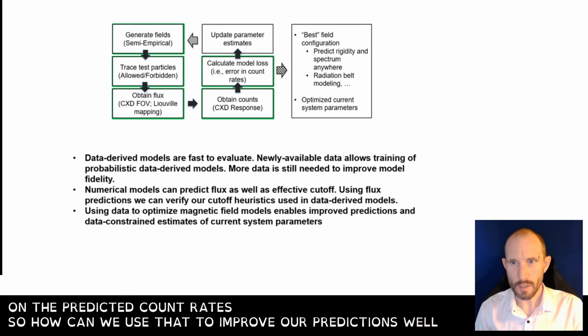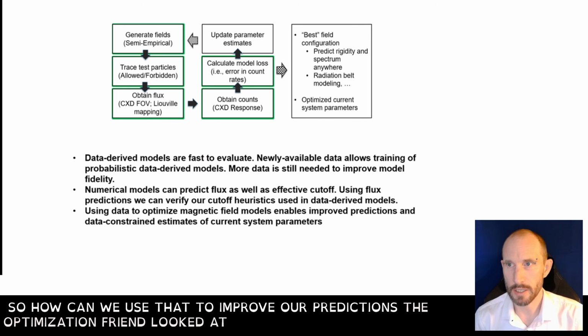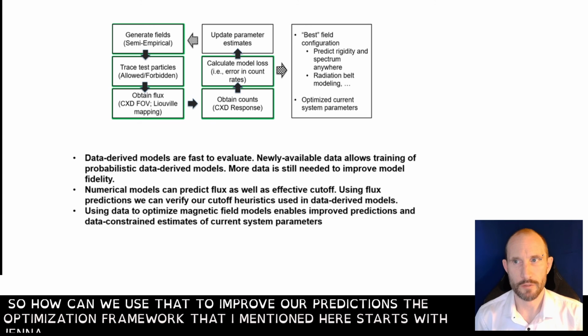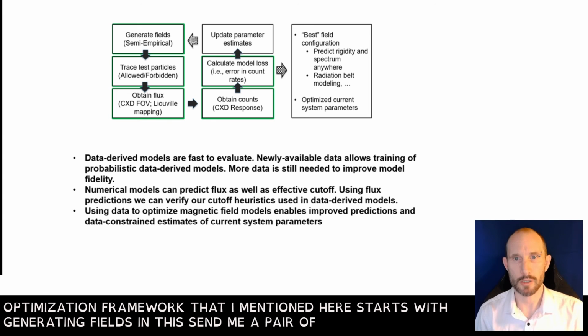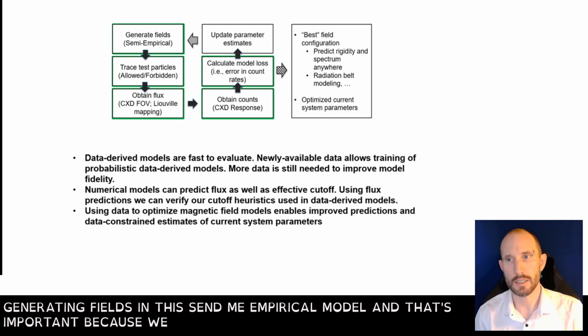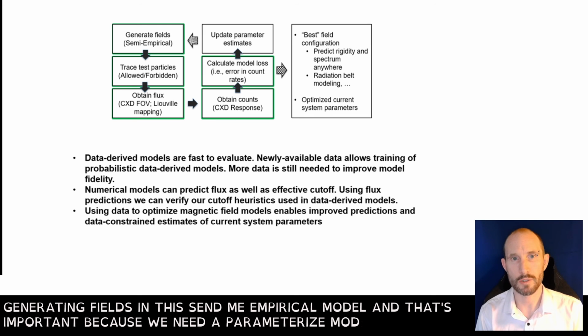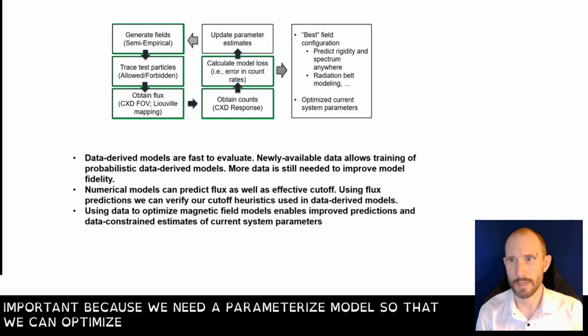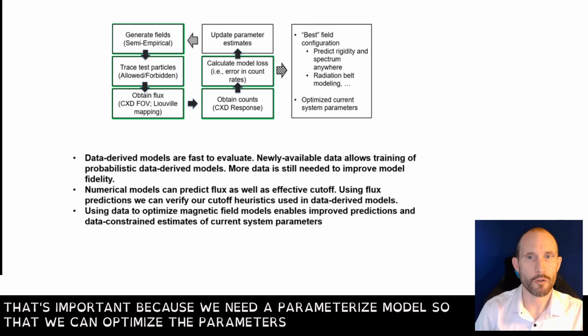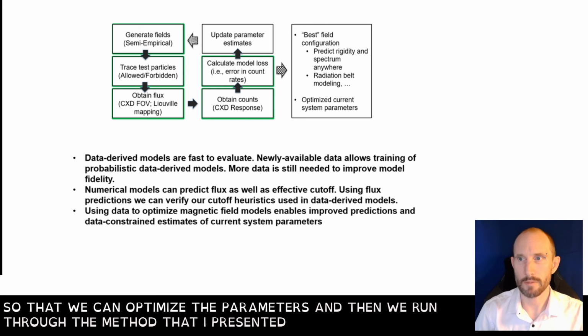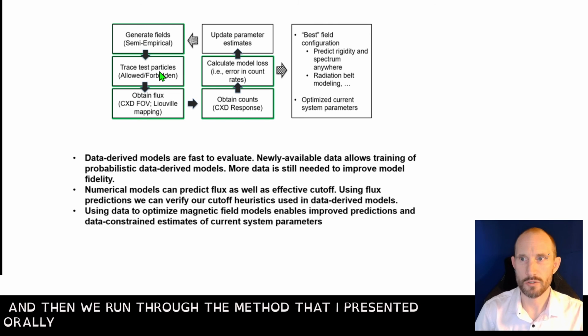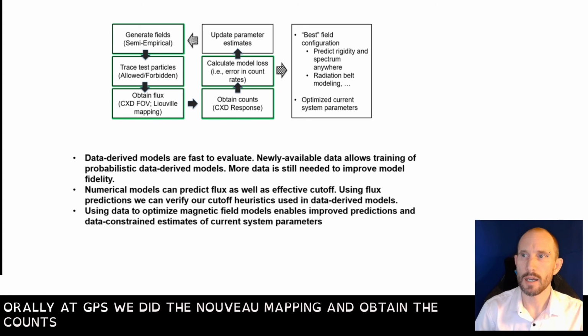Well, the optimization framework that I mentioned starts with generating fields in this semi-empirical model. And that's important because we need a parameterized model so that we can optimize the parameters. And then we run through the method that I presented earlier. We trace our test particles, we obtain the flux at GPS, we do the Liouville mapping and obtain the counts.